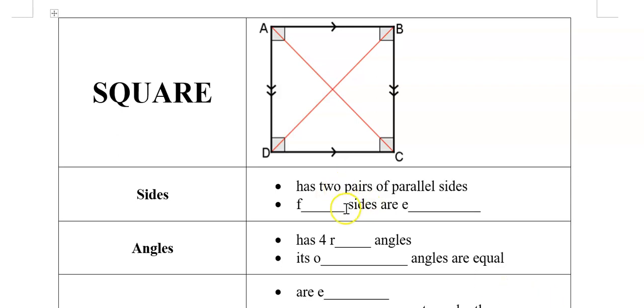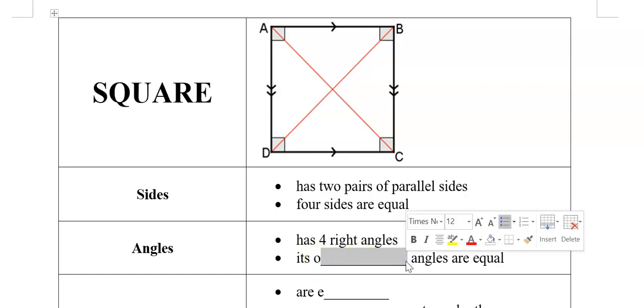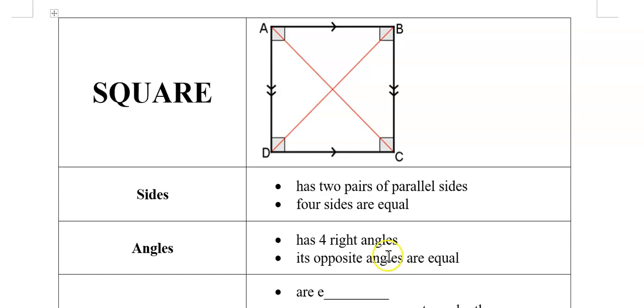The four sides are equal. Angle-wise, it has four right angles. Its opposite angles are equal.